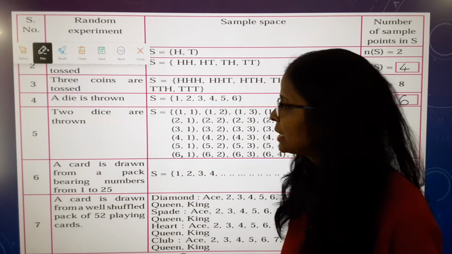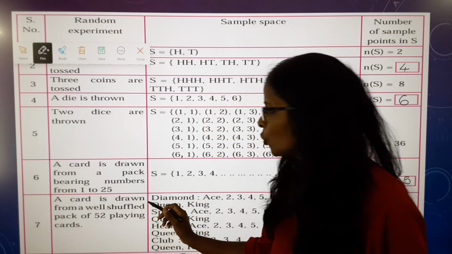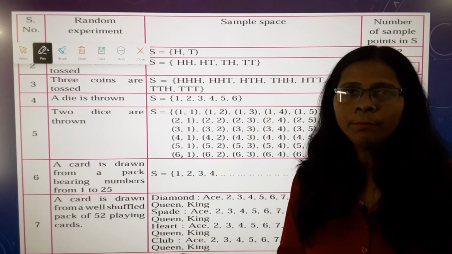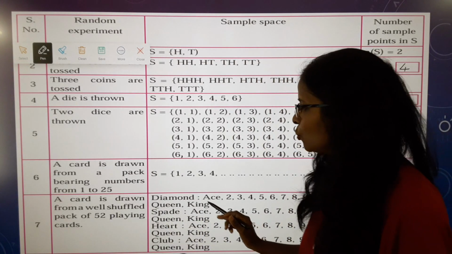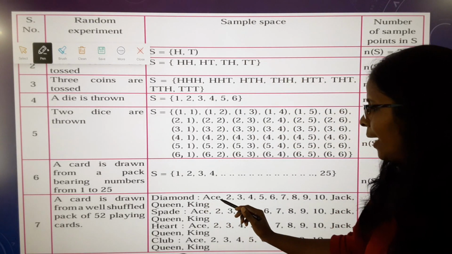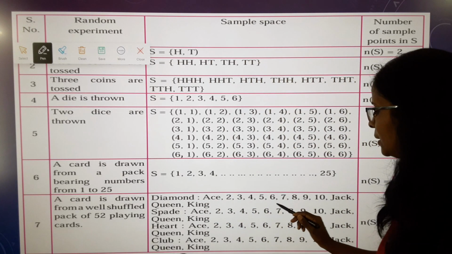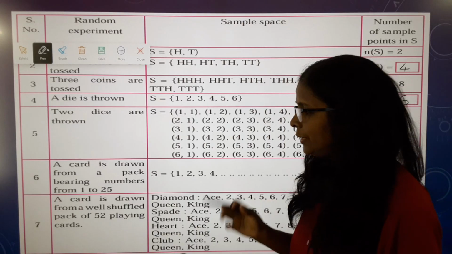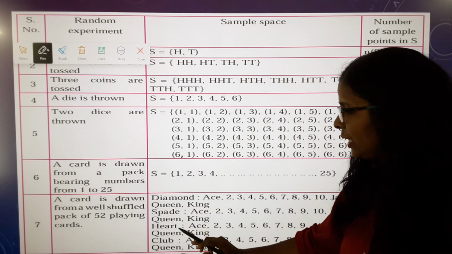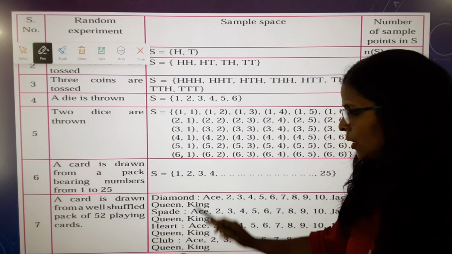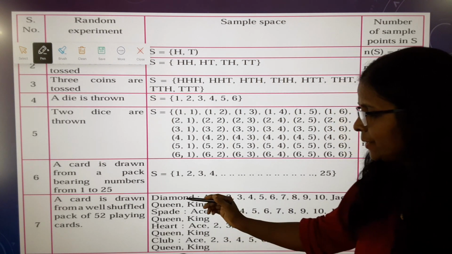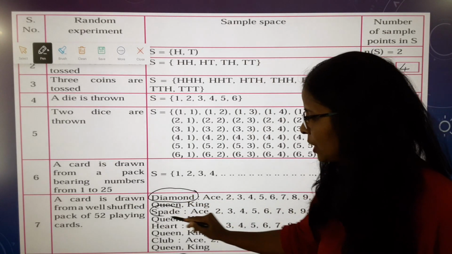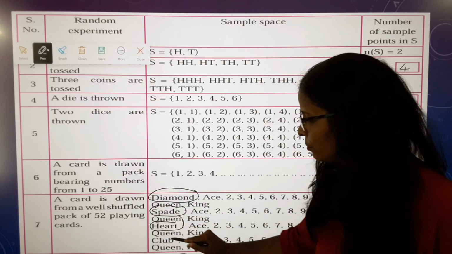The next random experiment is a card is drawn from a well shuffled pack of 52 playing cards. We know that from the diamonds we have 2, 3, 4, 5, 6, 7, 8, 9, 10, Jack, Queen and King, and similarly for spade, heart and club.